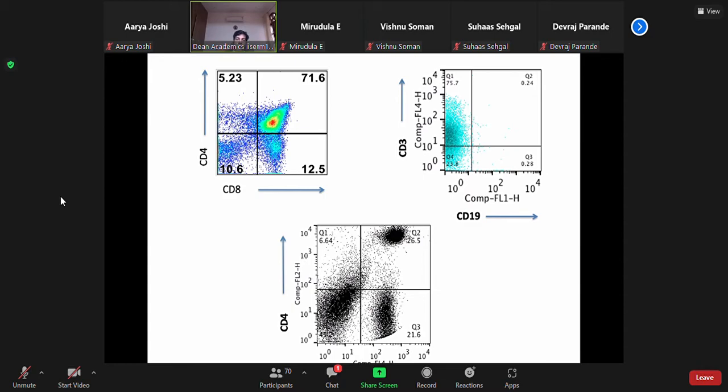Any question on this? There is a comment in the chat box. Can someone read it?